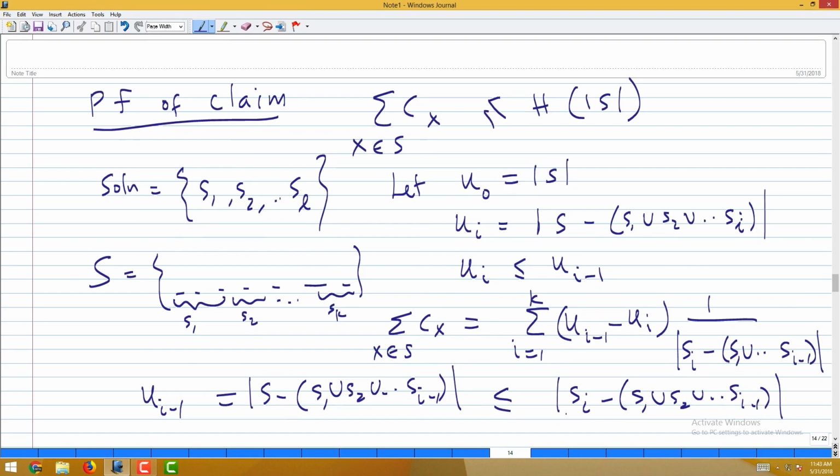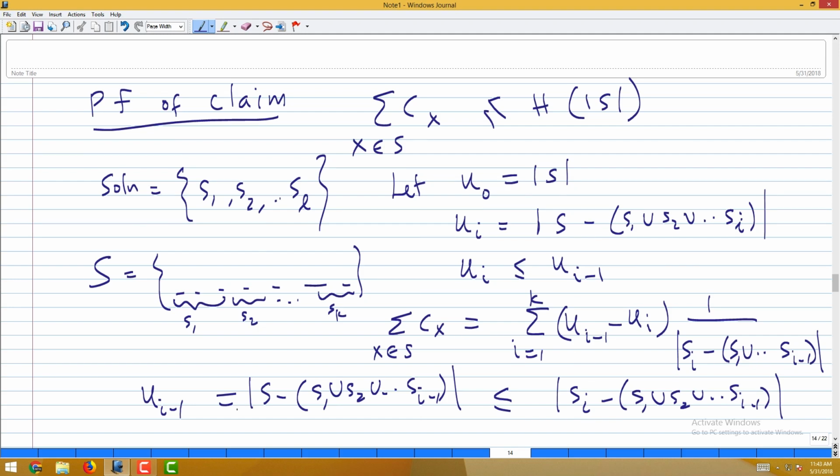If you compare these two, if this were larger, the algorithm would have picked this. Since the algorithm picked this, this quantity is larger. So, 1 by this would be less than or equal to 1 by u_{i-1}.